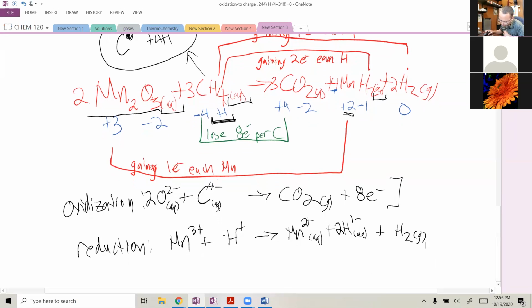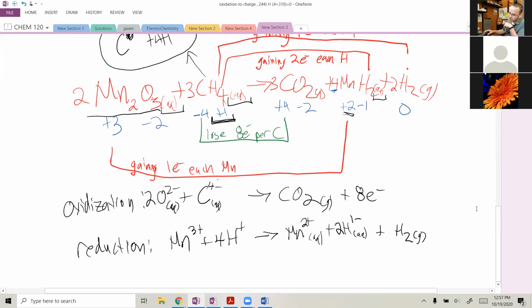And if that's a 2, then we need to balance this out over here. So this one needs to become a 4 now. So now all of our hydrogens are balanced. But there's something that's missing in our reduction equation. What don't we have in this reduction equation that we still need to add in? The amount of electrons.